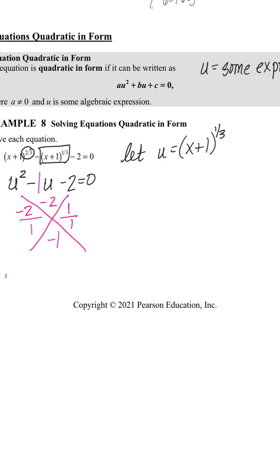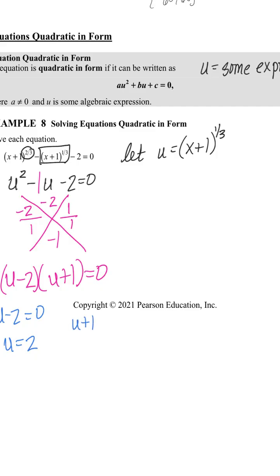So this is u minus 2 and u plus 1. Now I'm going to find what u is so I can plug this back in. u minus 2 equals 0, so u is 2. u plus 1 is 0, so u is negative 1.